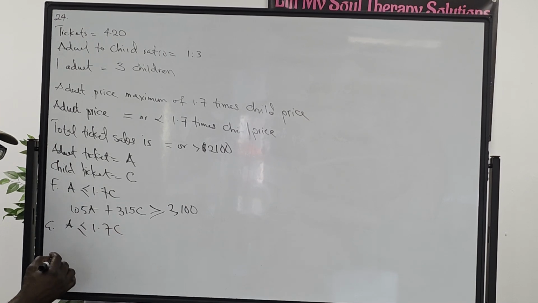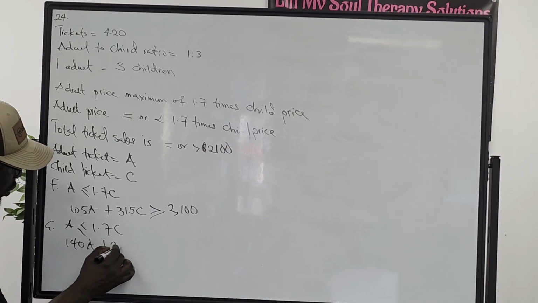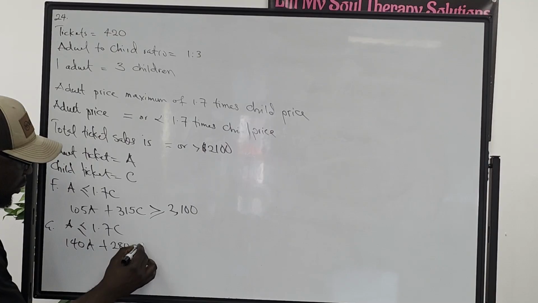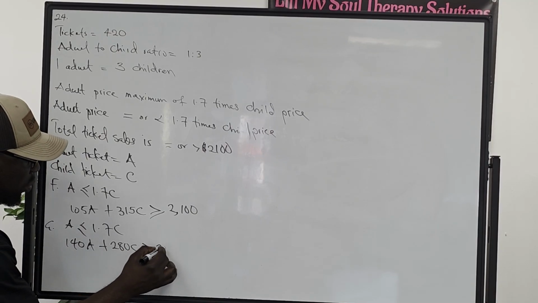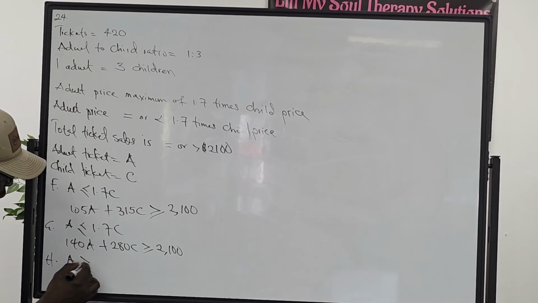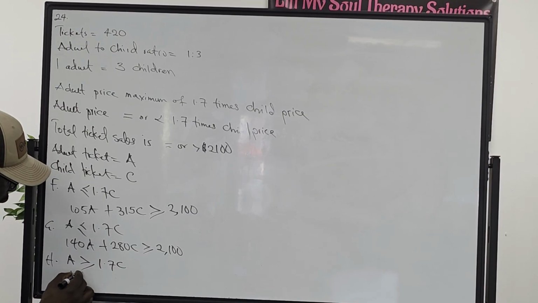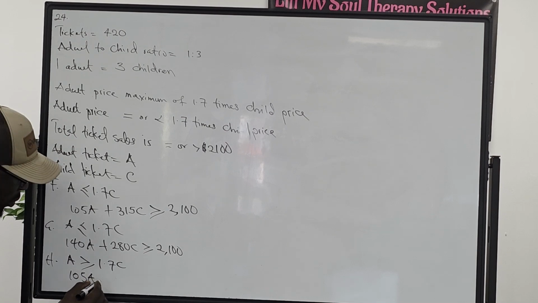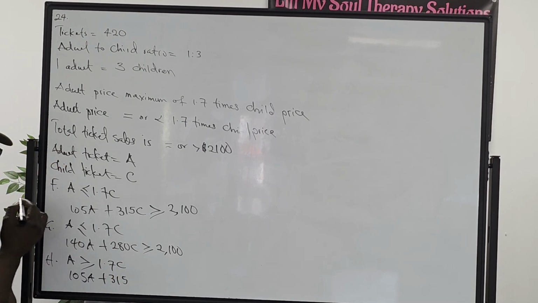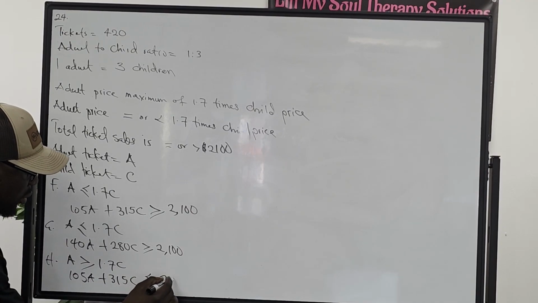Option G says A is less than or equal to 1.7C, 140A plus 280C greater than or equal to 2100. Option H is A is greater than or equal to 1.7C, and we have 105A plus 315C less than or equal to 2100.